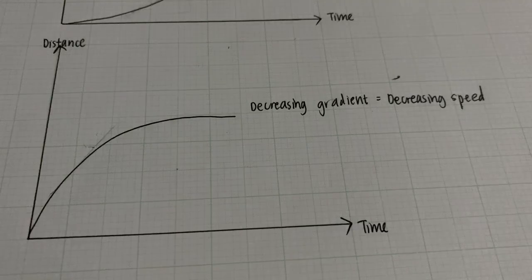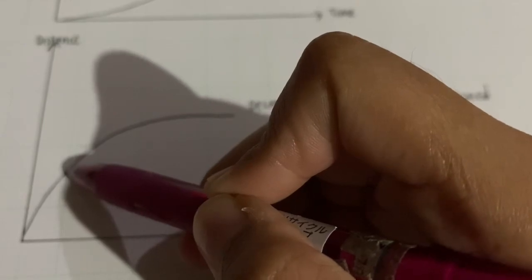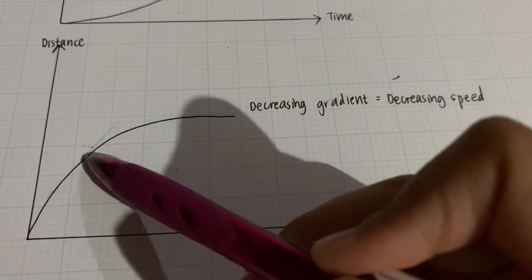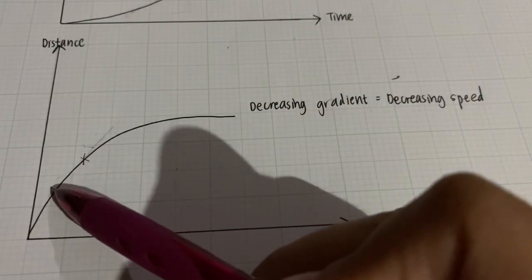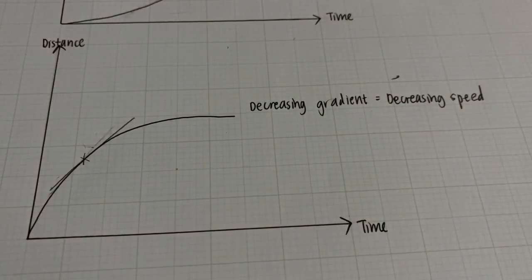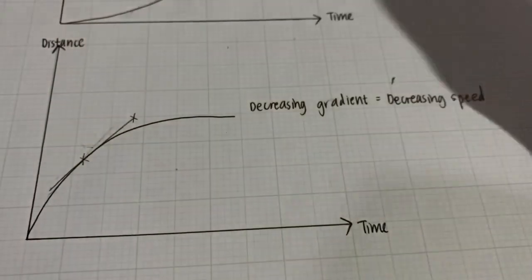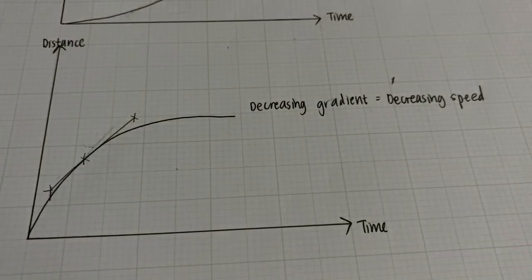Okay. So how can you find the gradient of a curve? Let's say you want to find the speed at this point of the graph. So you draw a tangent to that point. Let's imagine that's a perfect tangent. Now you want to find the gradient, so you use this point of the tangent and this point of the tangent as your coordinates.